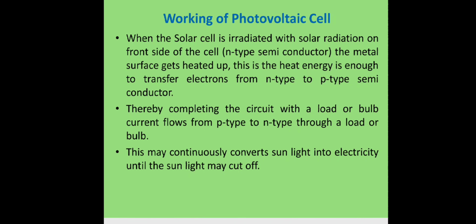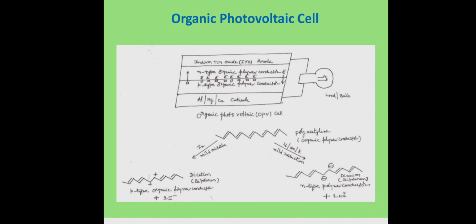And we see an example of the organic photovoltaic effect. As we see, the magnesium dioxide as anode and aluminum magnesium as cathode form the n-type semiconductor, and electrons travel to the p-type semiconductor, and then travel to the load.